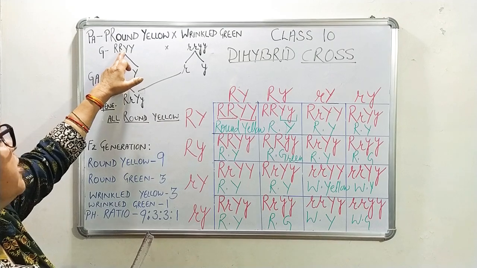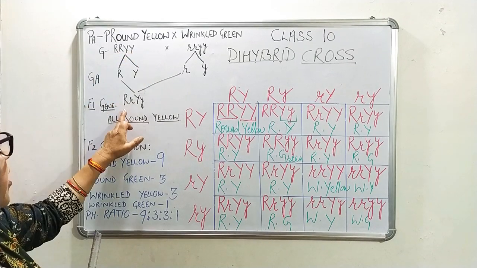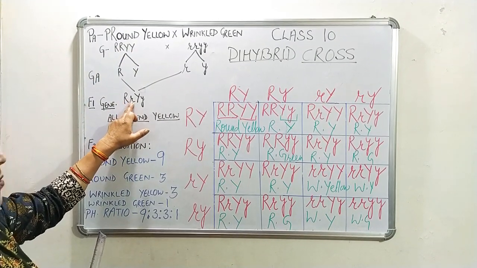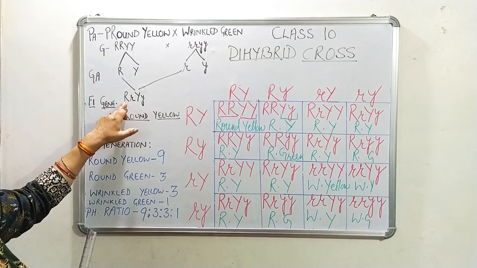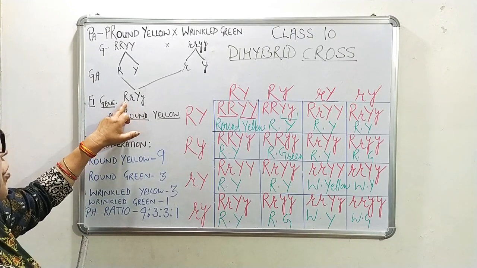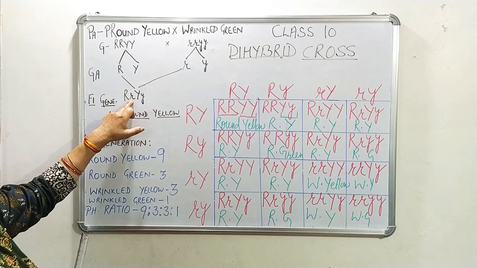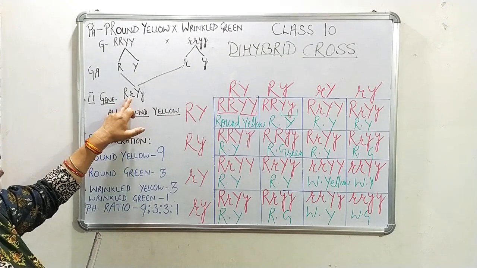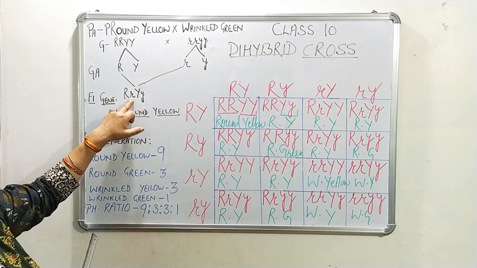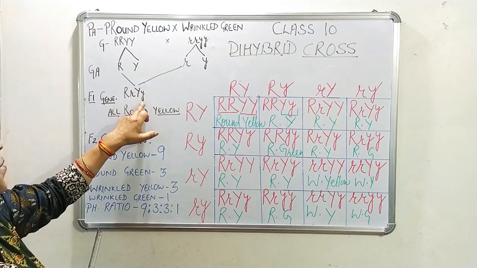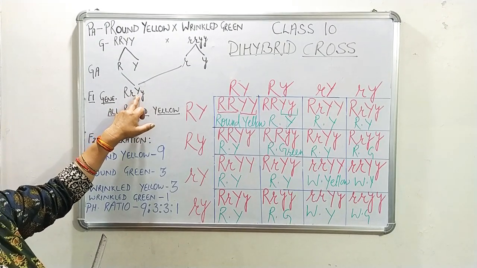Here R and R is homozygous, Y and Y homozygous. If we take capital R and small r, this will be denoting round, but this is heterozygous because both the factors controlling this character round are not similar, they are different. And capital Y and small y is also a heterozygous condition.